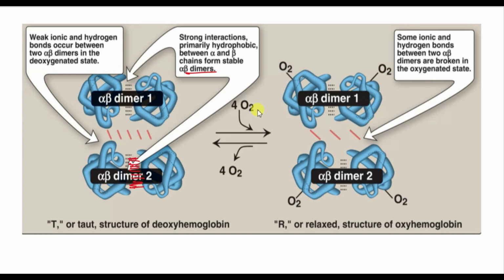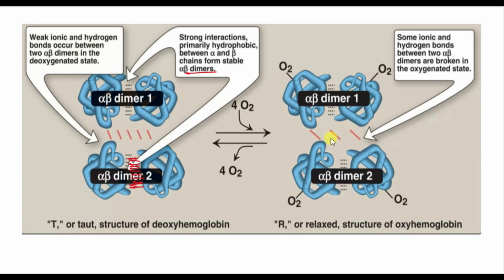Now, when any one of the dimers gets oxygenated first, it will induce a change in the adjacent dimer, and then also in the other adjacent dimers, and it will try breaking. This change will break some of these weaker bonds, some of these ionic and hydrogen bonds between the dimers themselves.